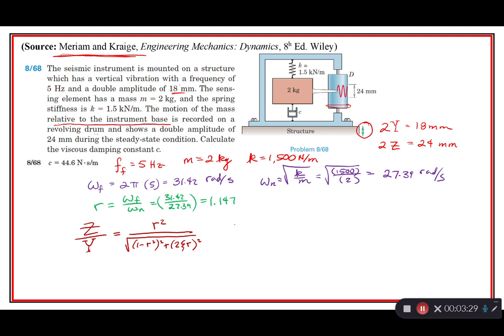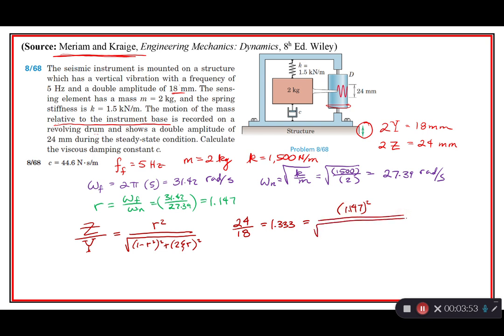So we can find the Z over Y. It's going to be 24 over 18. The half cycle thing is going to cancel out. 1.333. And that's going to equal 1.147. Sorry about that. I messed that up.